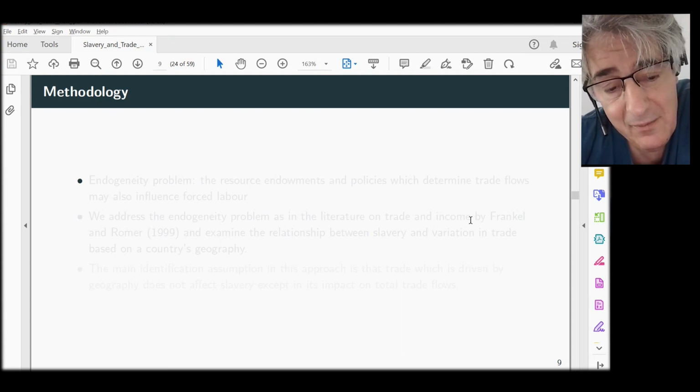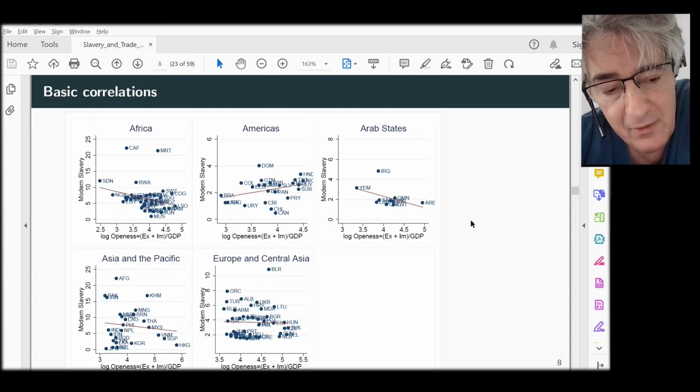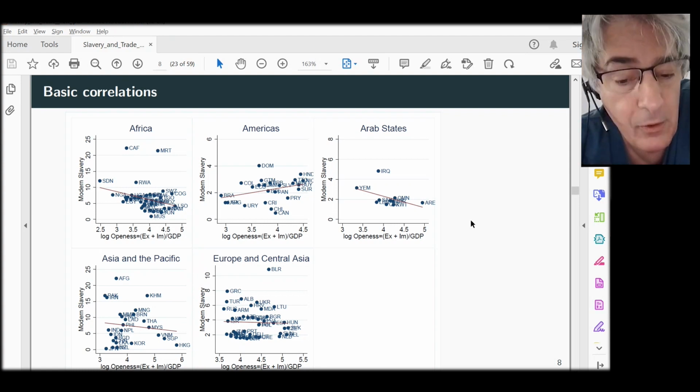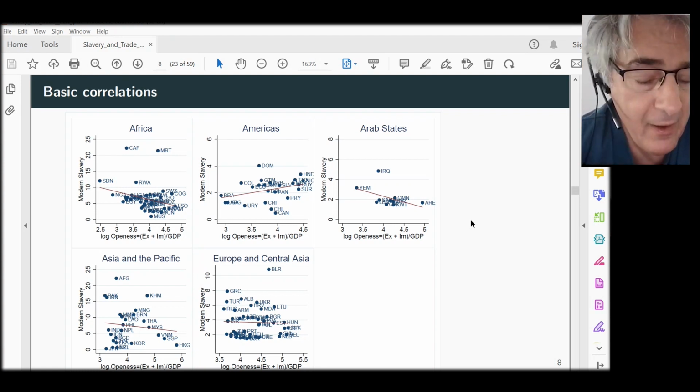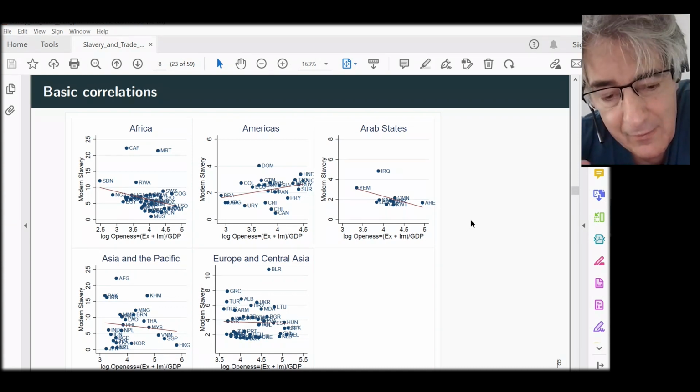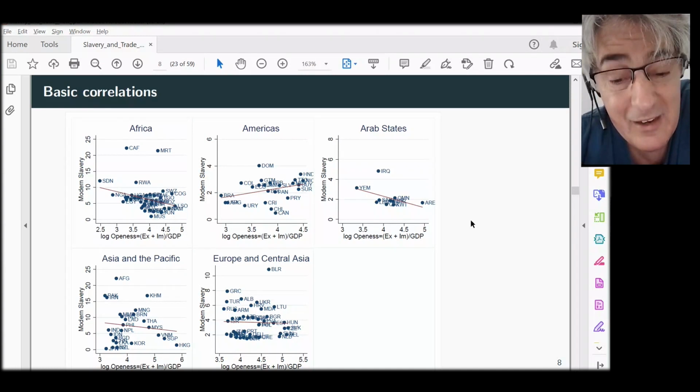But also, we are talking about two objects, trade and modern slavery, and both depend on many things that are common: the type of government, the type of geography, the type of specialization, what these countries produce. So these elements affect both trade and modern slavery.